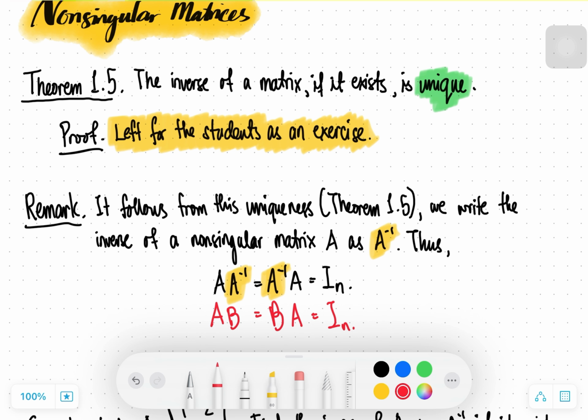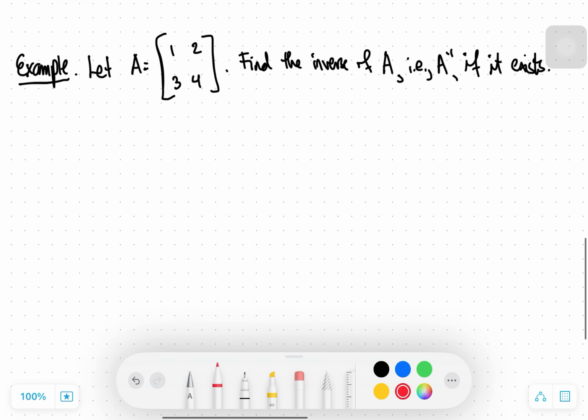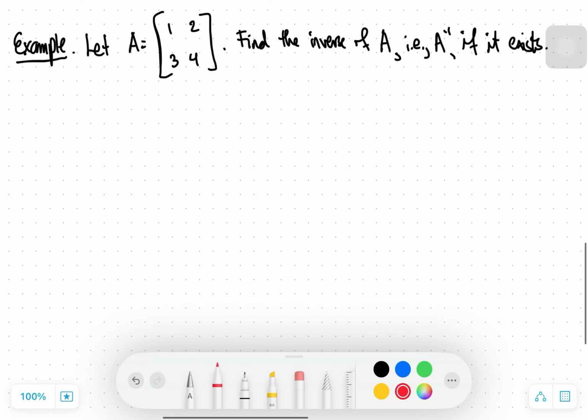Okay, so let's show an example of this. What we want to do is find the inverse of A, if ever it exists, and we're going to show how to do that. First, let's suppose that we have a matrix A, which is a 2 by 2 matrix with the entries 1, 2, 3, 4, and we want to find A inverse, if ever it exists. So let's start with the solution right here.